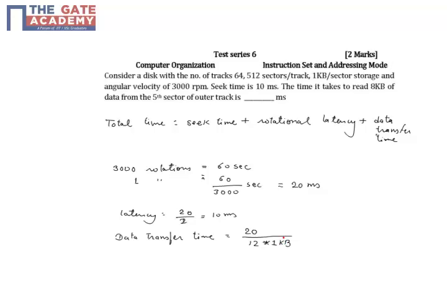So this will be my data transfer time for one sector or one KB, and for 8 KB I'll have to multiply by 8, because in the question they have asked for the data transfer time for 8 KB.